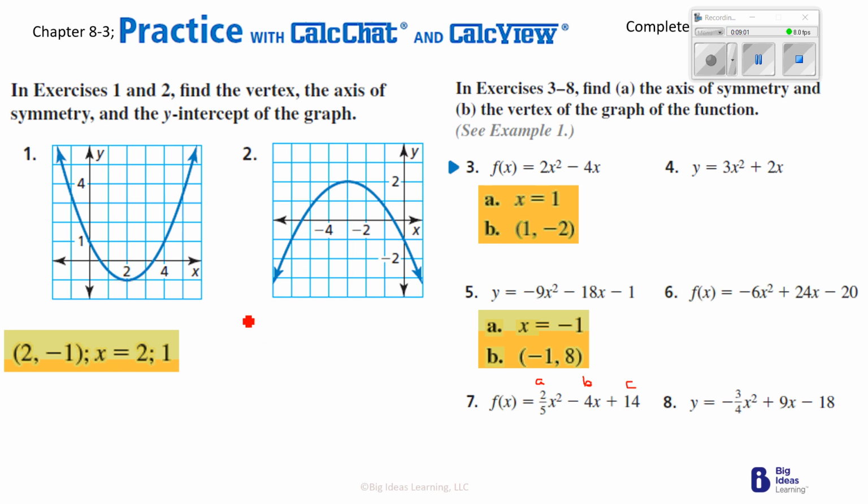So we plug it in our formula, negative B over 2A is going to be equal to negative, well, B is negative 4 now. This can be divided by 2 over 5.